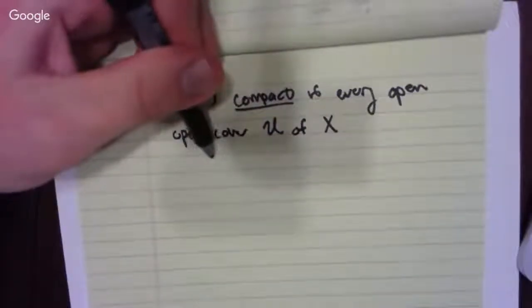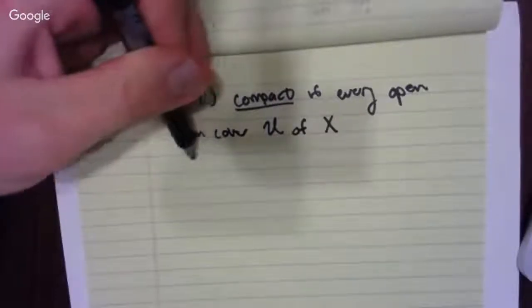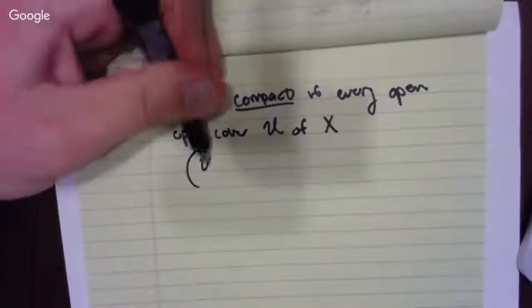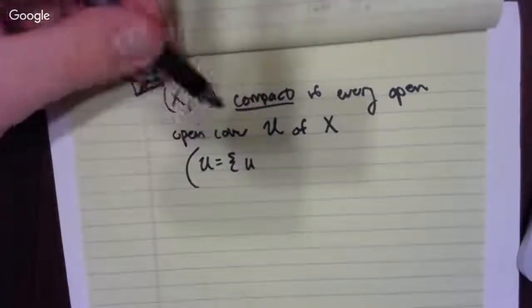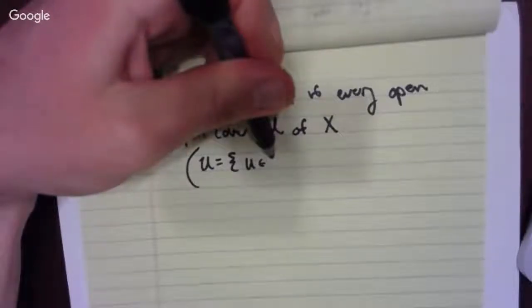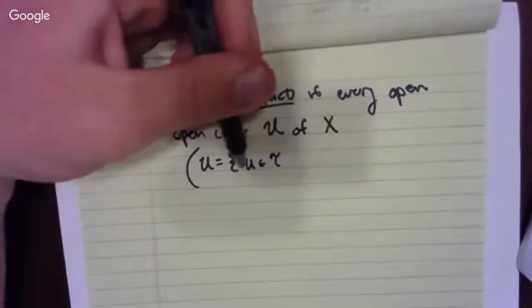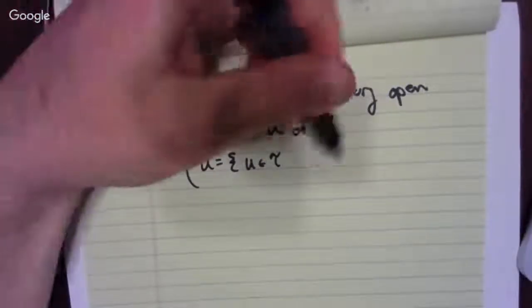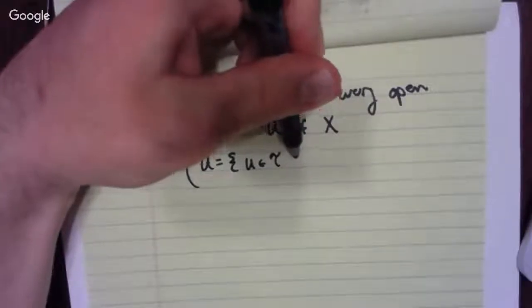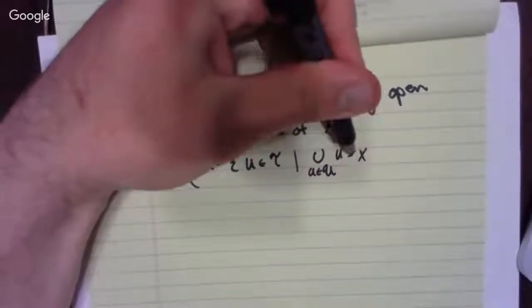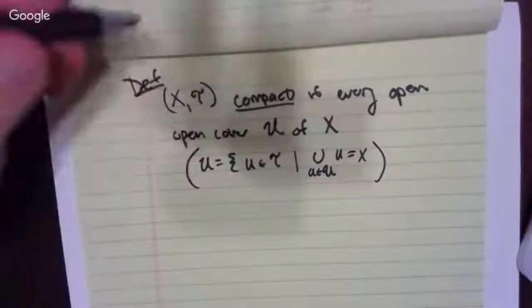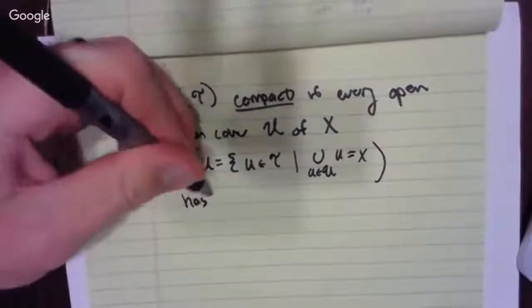I mean that U itself, so I'll write this parenthetically, U is equal to some collection of open sets, regular u, that live in T, so that are open sets just from my topology, such that the union of all these u's is equal to X. So the union of all u in fancy U is equal to X. So every open cover U of X has a finite subcover.